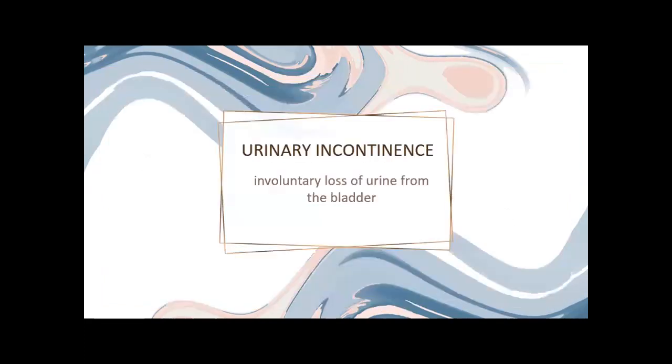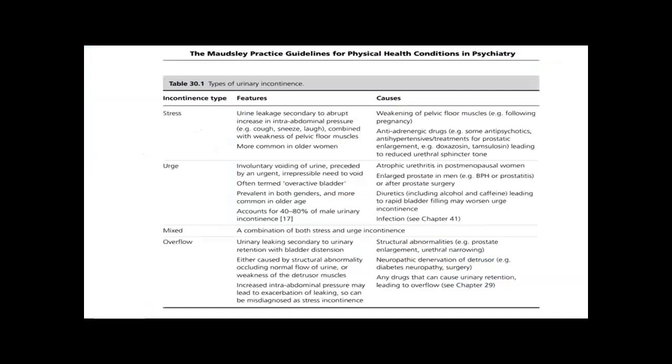Now, urinary incontinence. It is involuntary loss of urine from the bladder. There are four major types of urinary incontinence: stress incontinence, urge incontinence, mixed incontinence, and overflow incontinence. Stress incontinence is characterized by urine leakage secondary to an abrupt increase in intra-abdominal pressure that might be because of coughing, sneezing, or laughing.